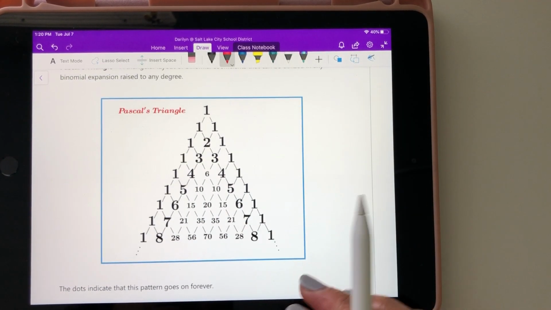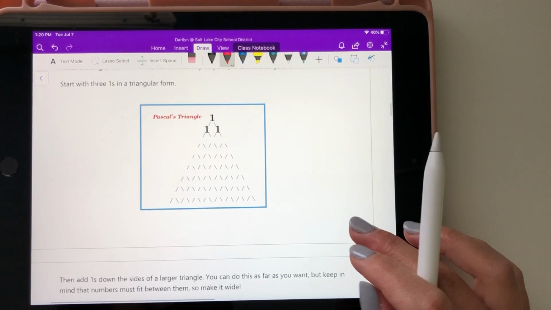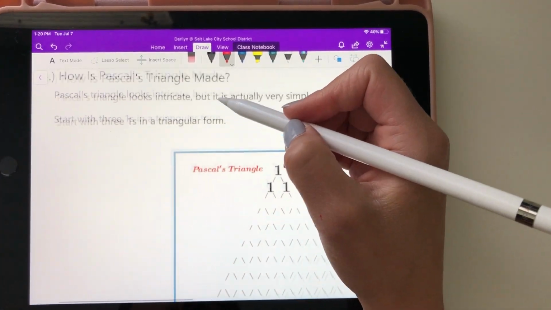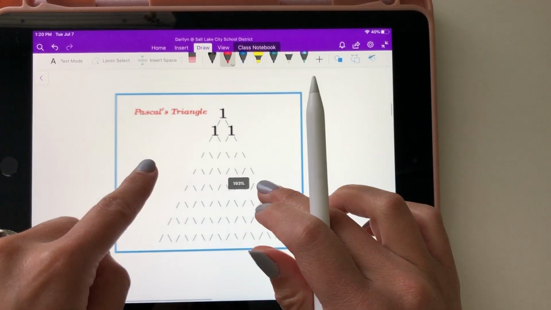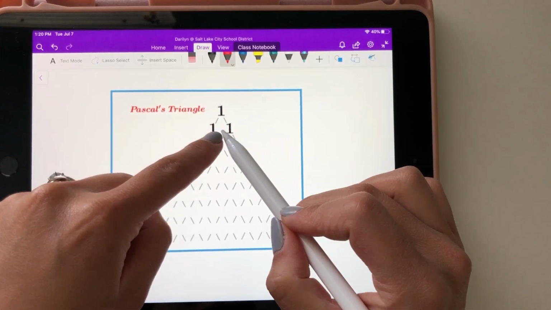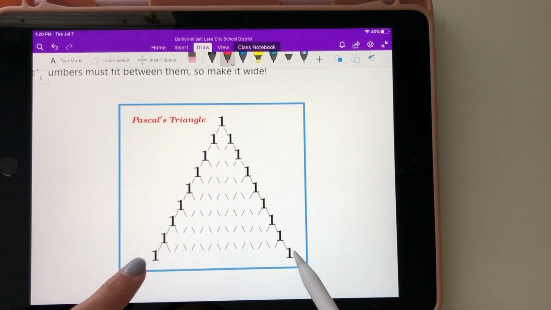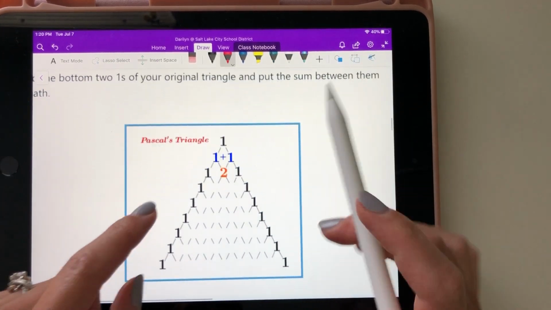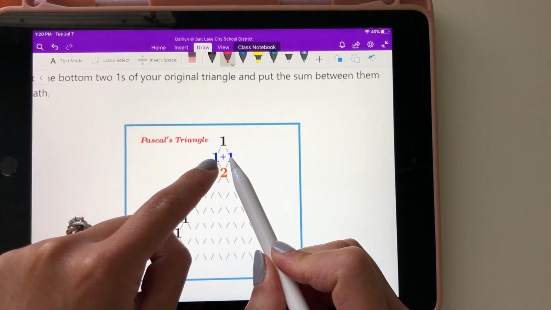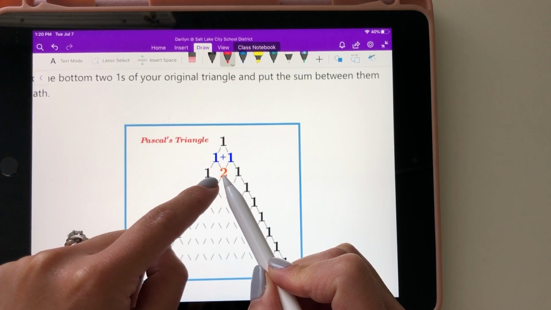This is Pascal's triangle and this is how you create it. First you start with 3 ones, 1, 1, 1 in a triangle like that. The way that you build it is you put ones all the way down the sides and then you add the two numbers to create the number below it, between.